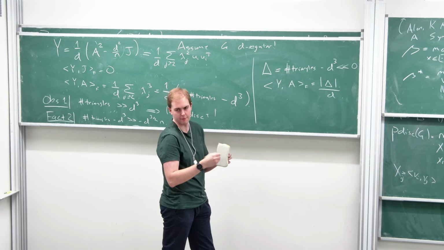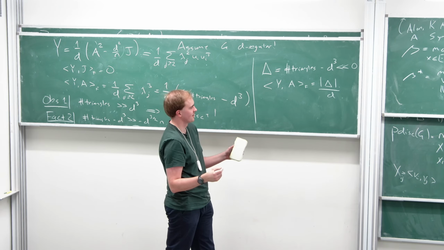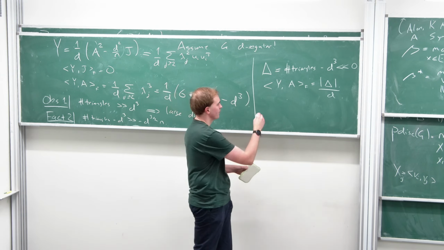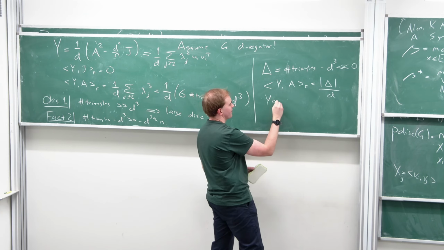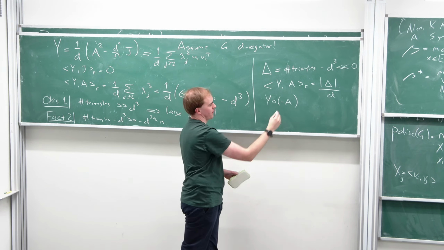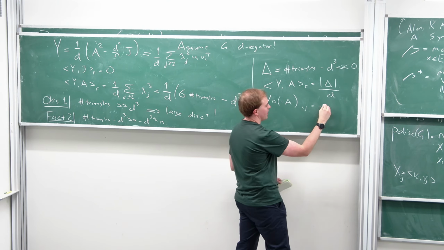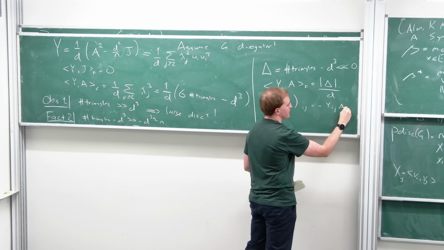We would like to flip the sign and get something positive out of it. So let us consider the matrix Y Hadamard product minus A, a matrix whose ij entry is minus Y_ij A_ij.